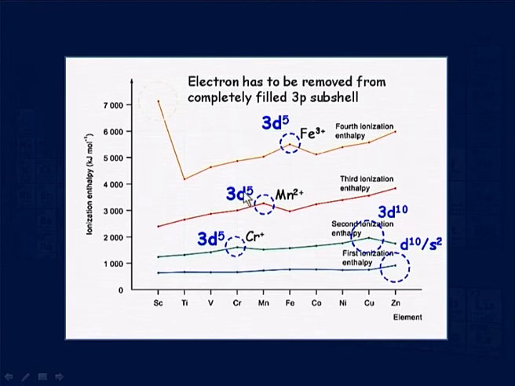In addition to the third, the fourth ionization enthalpy is also included, and you can see how ionization enthalpy changes as we move from scandium to zinc, and particularly the variation or trend in the fourth ionization enthalpy is worth mentioning.